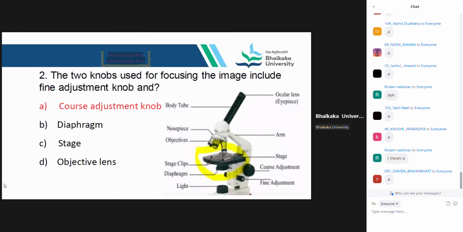Here we can see there is the ocular lens, which is also called the eyepiece. There is a body tube. Then there is a nose piece, which is attached with the three objective lenses. Then the arm, and a stage, which has the stage clips to fix the slide. Then there is a coarse adjustment, fine adjustment, the diaphragm, and the light source.